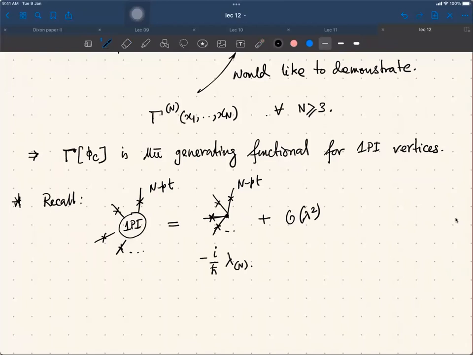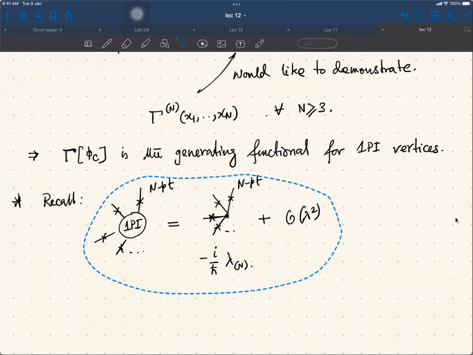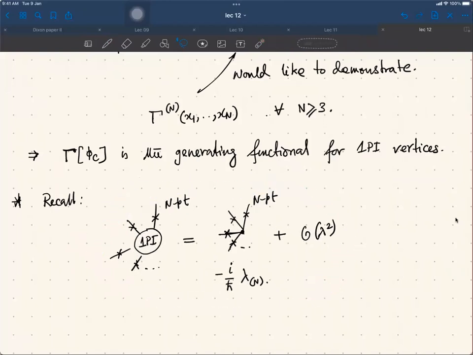So what I mean by this equation is that your theory can be a phi cube theory, but then higher point 1PI will start with a primitive vertex. It is supposed to start with a primitive vertex, but lambda n for n greater than 3 is not present, so this will be 0, right? However, this is true.